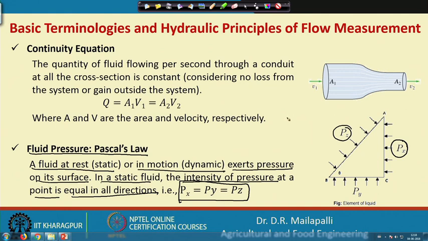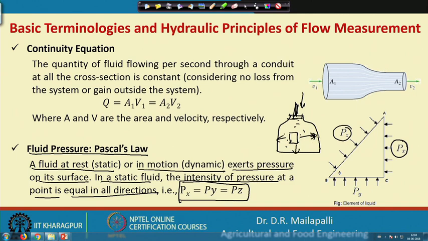Suppose you have, for example, a bottle which has a fluid, and you have a piston here. This is all fluid. The amount of pressure exerted on top, if you take any point here or any point, will be equal.